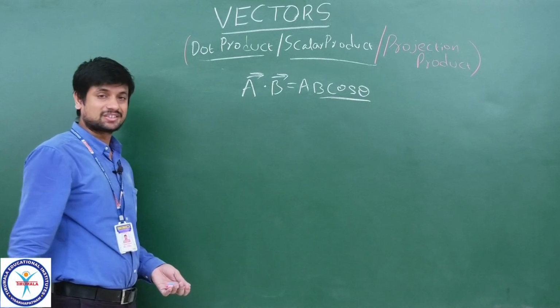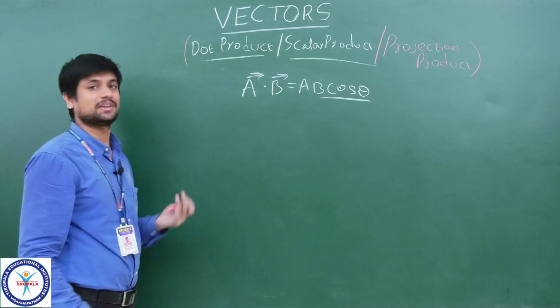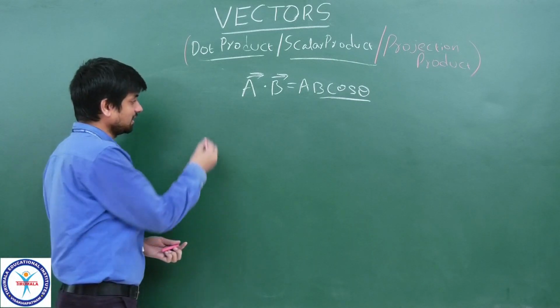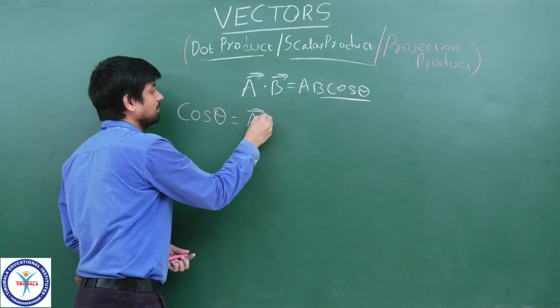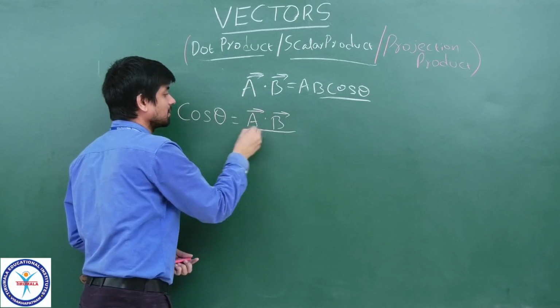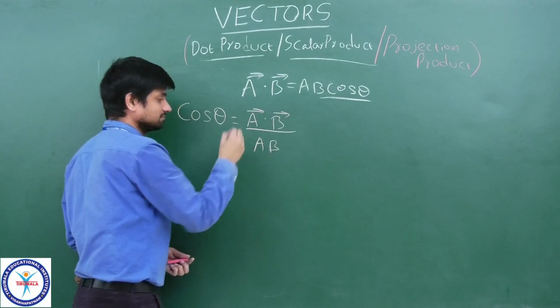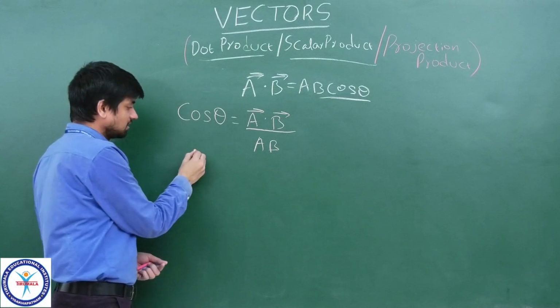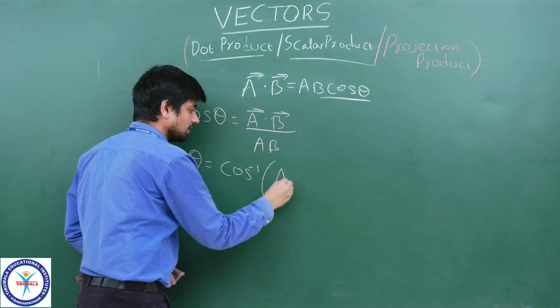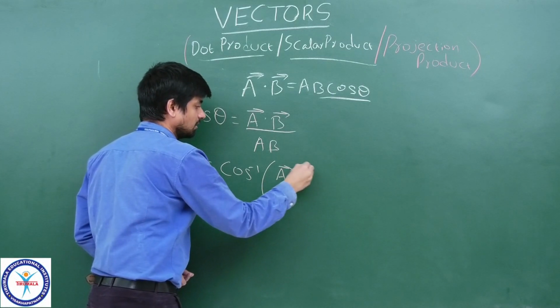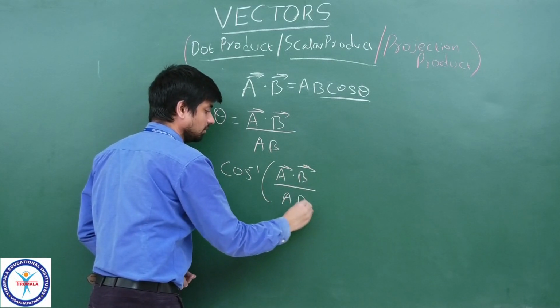By using that term, can I know the angle or not? Yes, we can know. I am writing here cos theta equal to A bar dot B bar by AB, and theta equal to cos inverse of A bar dot B bar by AB.